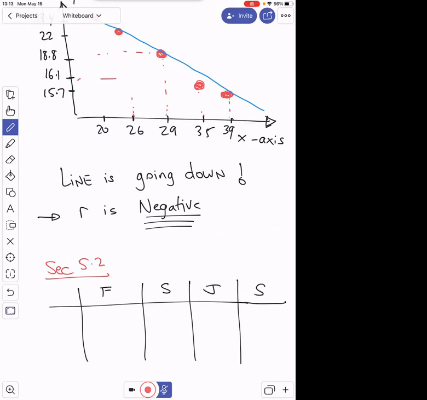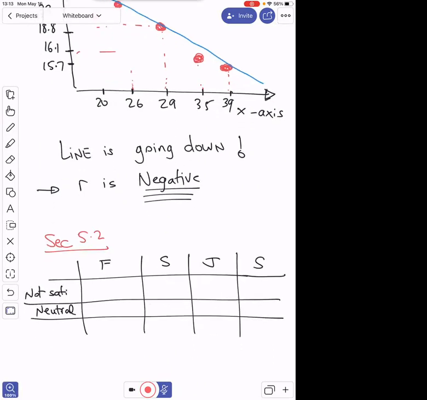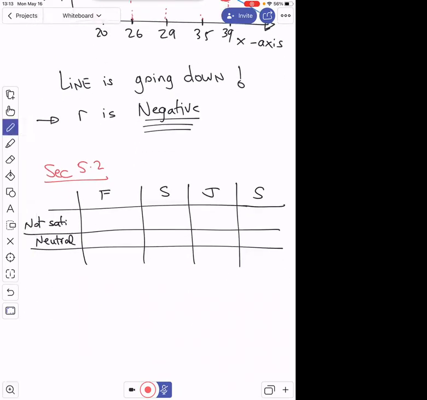And then we have not satisfied, neutral, and then satisfied, and then etc. We have the total, right? All right, so you're going to find the probability that a student selected at random is satisfied. So the probability that the student is satisfied.